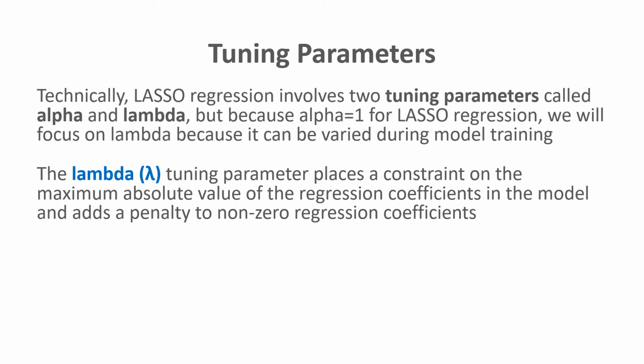So it's going to pull them towards 0, and some of them, as I mentioned before, it's actually going to zero out, meaning those regression coefficients or parameter estimates are going to become 0, which means they're effectively removed from the model in terms of prediction. And so again, this is how lasso regression institutes a form of feature selection or variable selection.